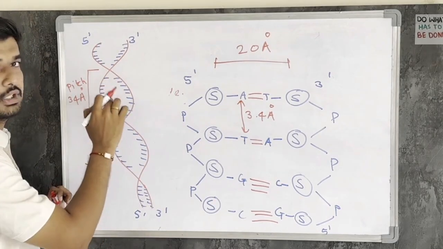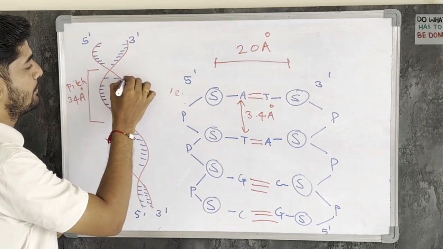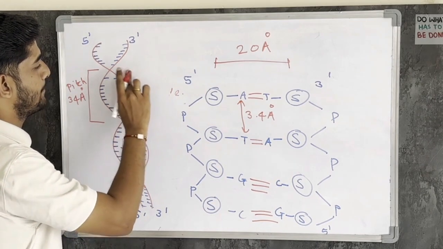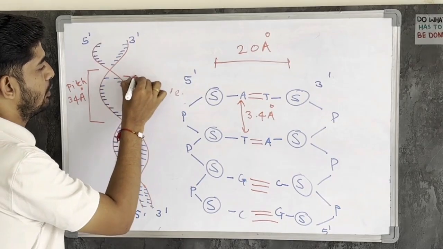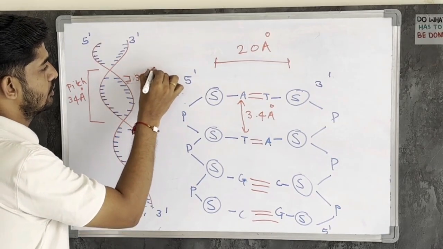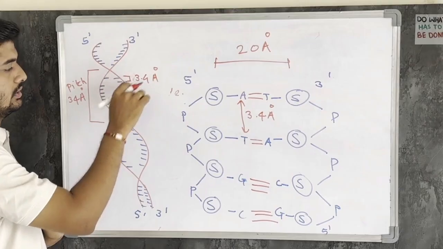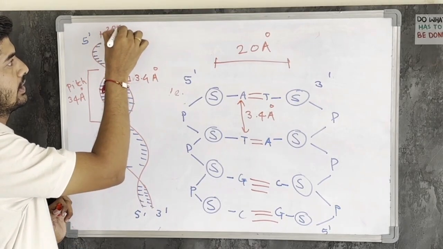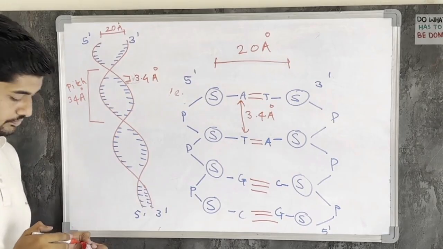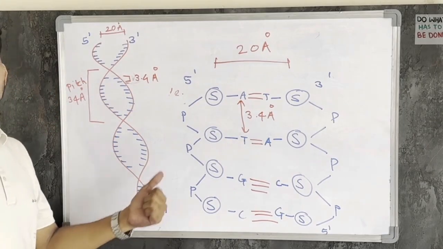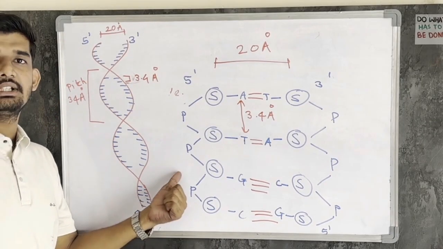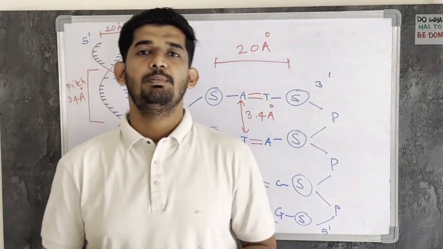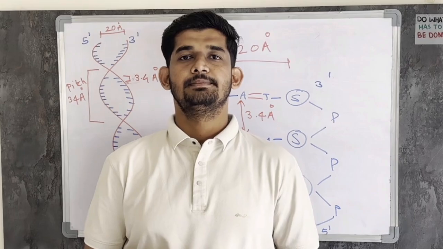So this will be 34 angstrom units, and the distance between two nucleotides will be 3.4 angstrom units, and the diameter will be 20 angstrom units. So this completes our helix model that was given by Watson and Crick in the year 1953. I hope every one of you understood the lesson. Thank you.